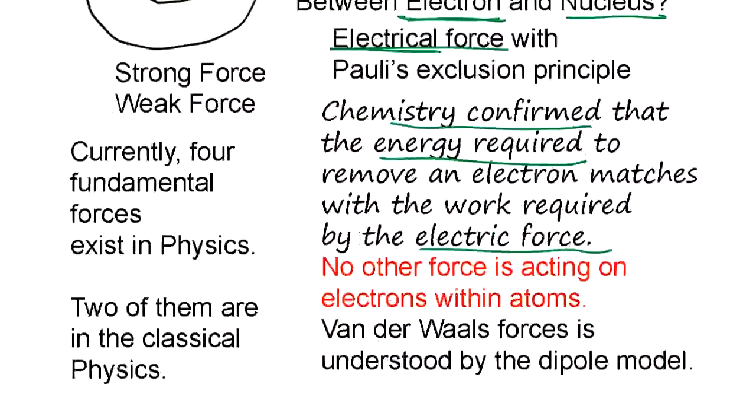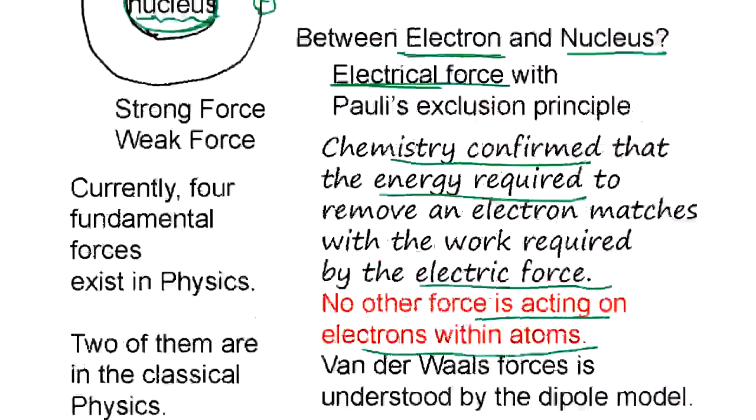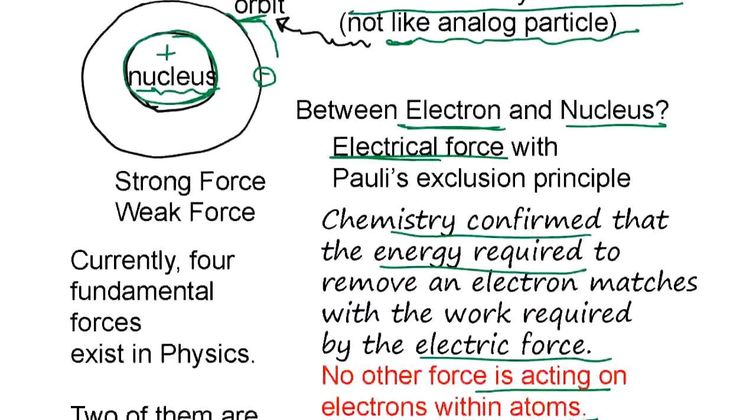That means no other force is acting on the electron within the atom, but it still takes discrete values, and that is something to do with the structure of the electron, and it's not by force or energy, and this is called Pauli's exclusion principle.